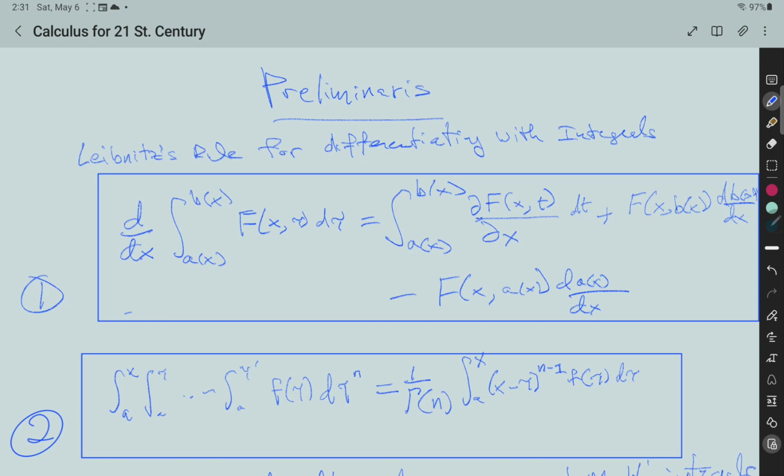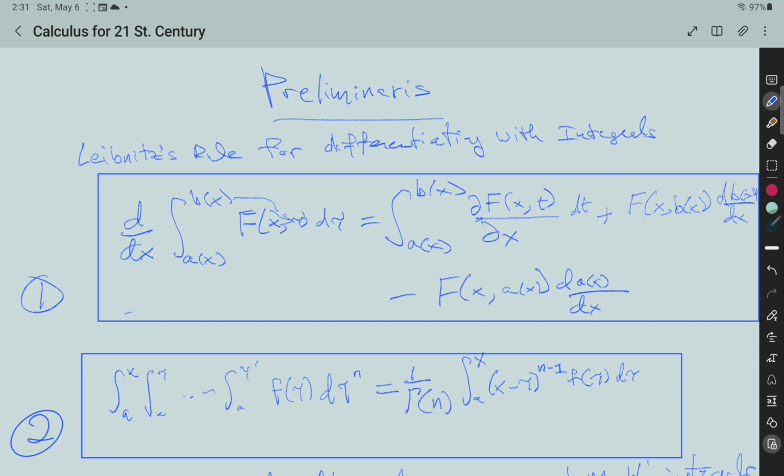It's going to equal the integral of the partial derivative of the integrand with respect to x, d tau, plus, in a way, the differential operator and the integral sign cancel out, so you put the upper limit b of x into tau.